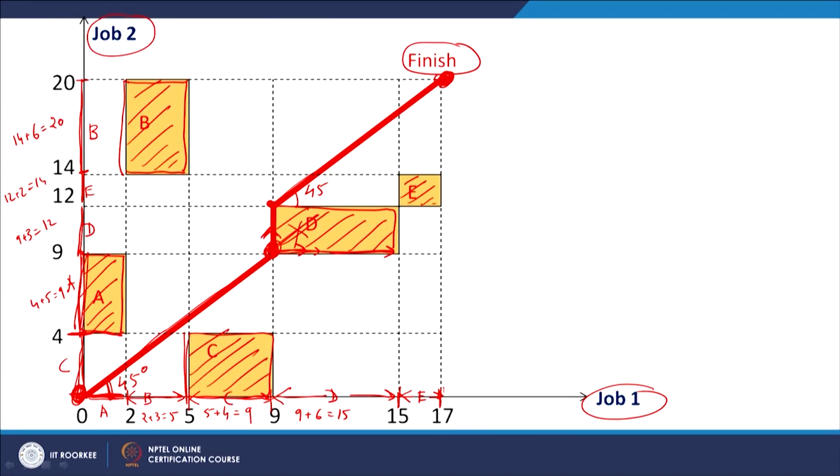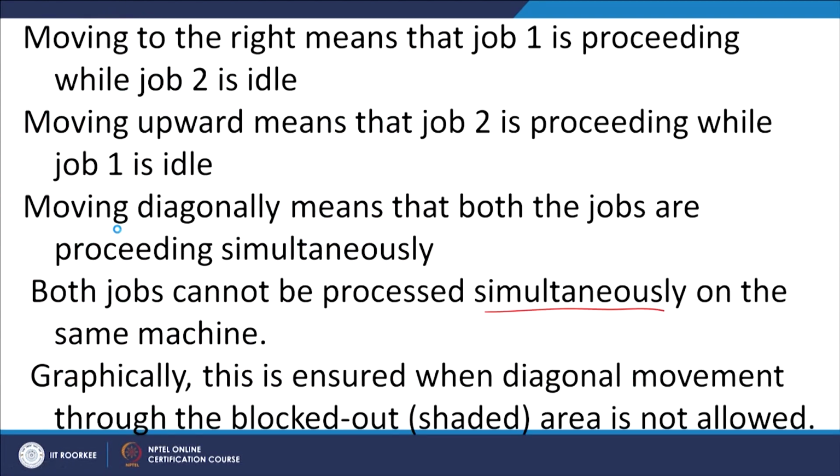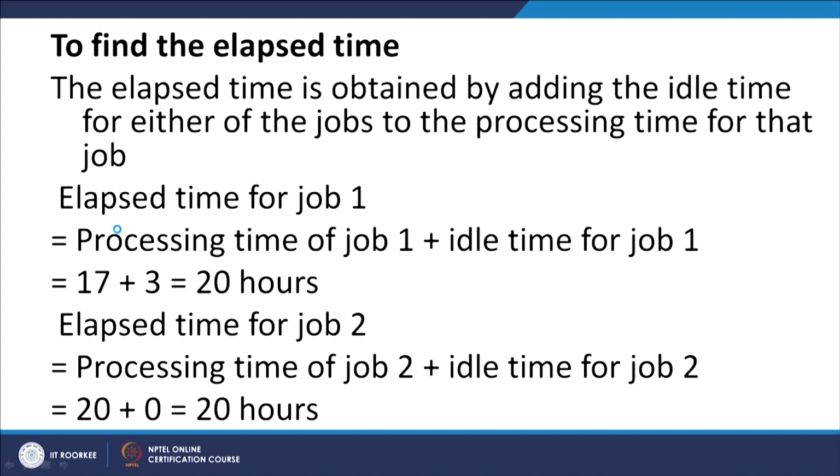This is the 17, the processing time, and the idle time is this distance, 3 hours. So, 17 plus 3 is 20 hours.